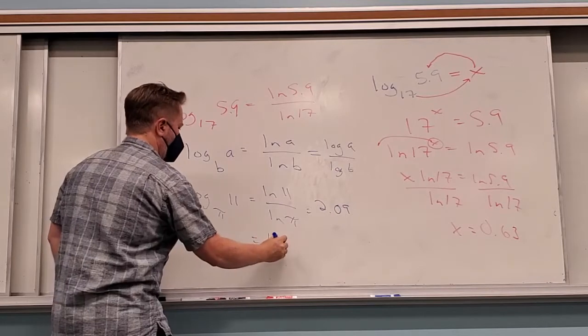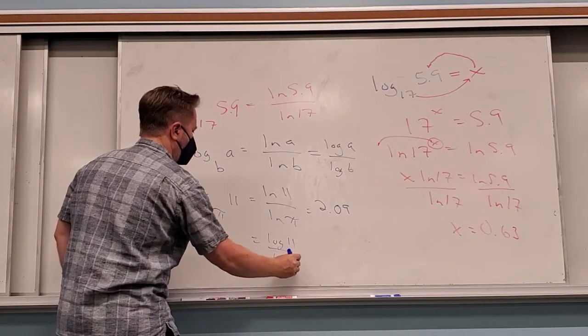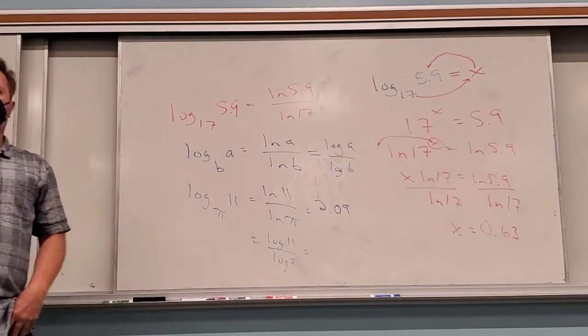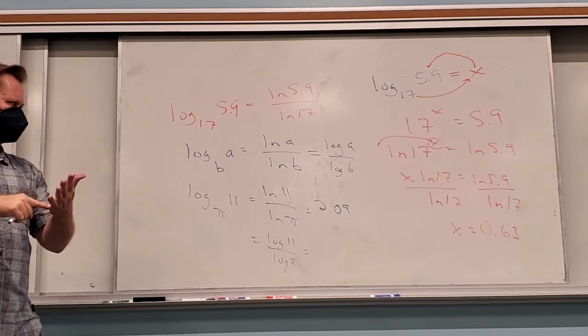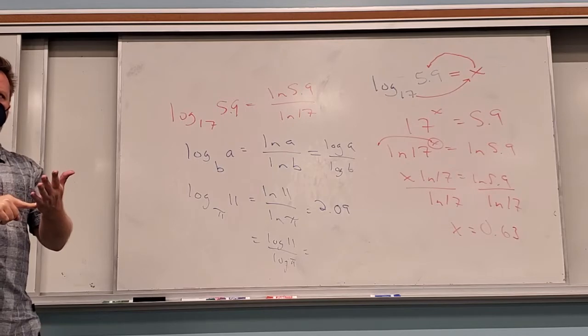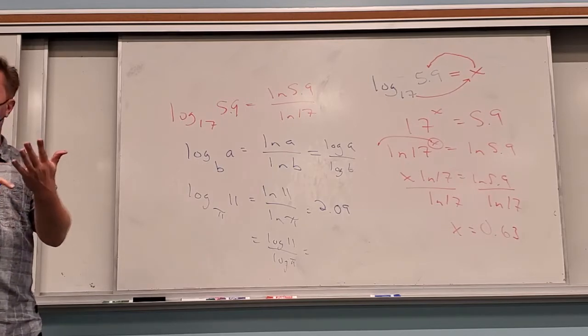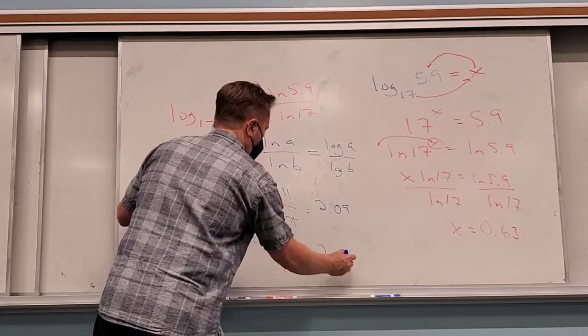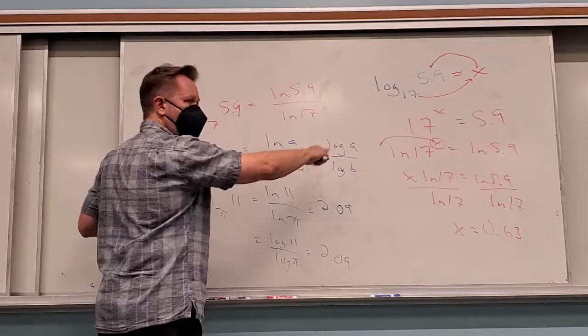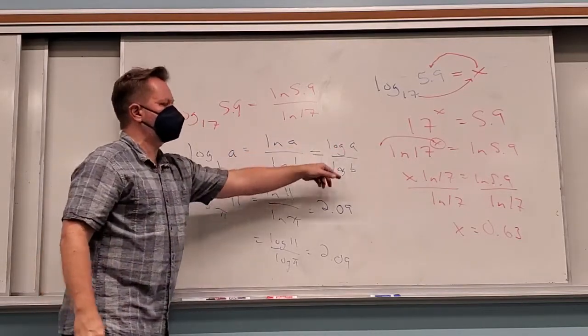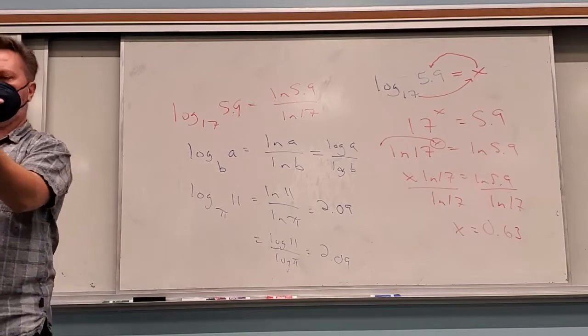What is log 11 divided by log pi? 2.09, yeah. Okay. So I can take any base log and change it into any other base I want to, and normally we make it one of these because they're the ones that are on the face of my calculator. They're the easiest ones to use.